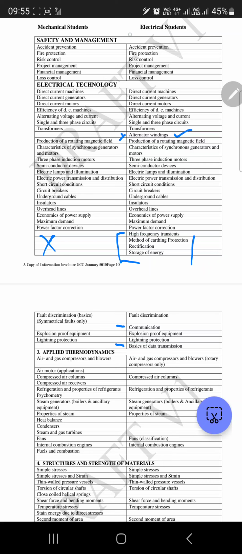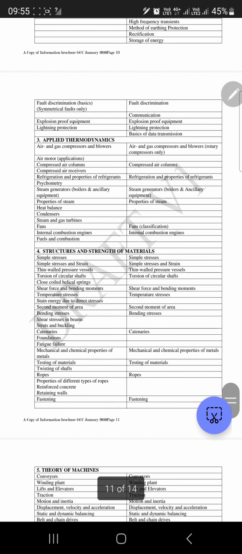And then we also have thermodynamics and applied thermodynamics. We can see that if you're doing mechanical, you have additional topics on thermodynamics: heat balance, condenser, and steam and gas turbine, and then the flue and combustion chamber. Most of these subjects we also touched on in the videos I was posting on thermodynamics for steam turbines and heat balance.